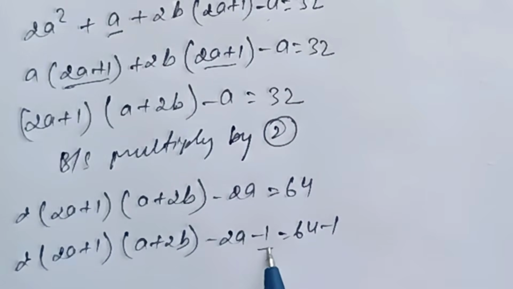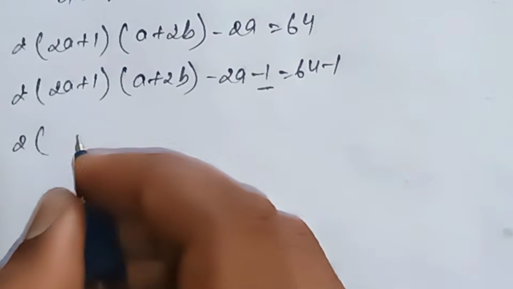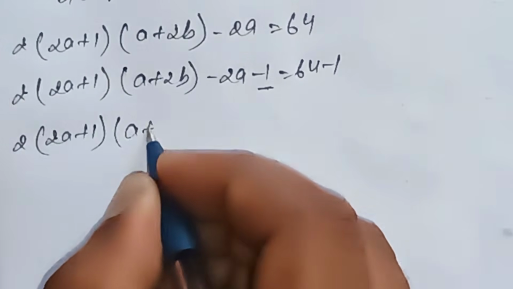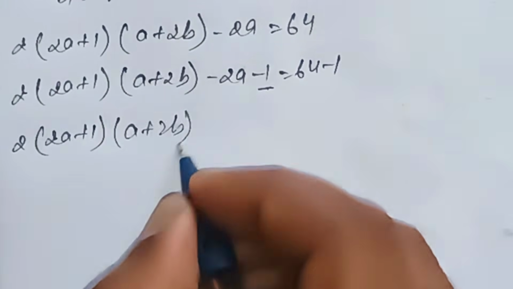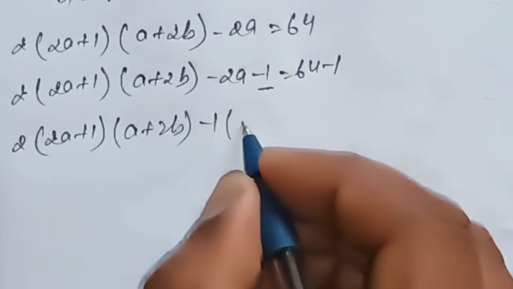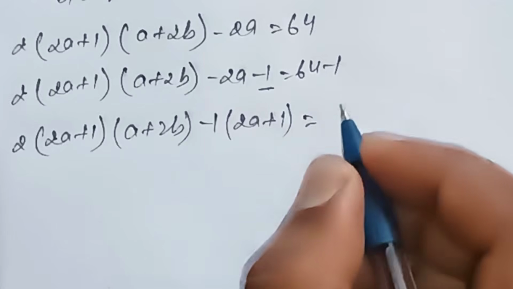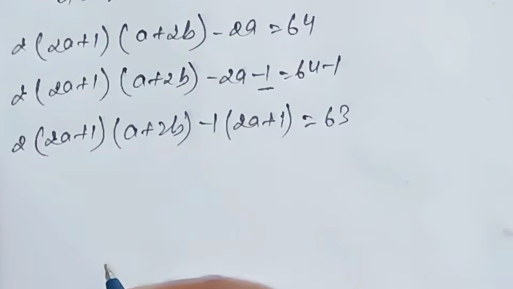See here, both sides I subtracted 1. 2(2a plus 1)(a plus 2b) minus 1(2a plus 1) is equal to 64 minus 1, 63.